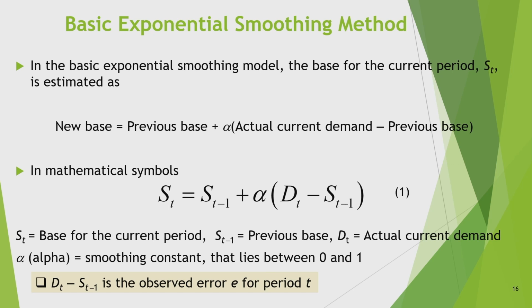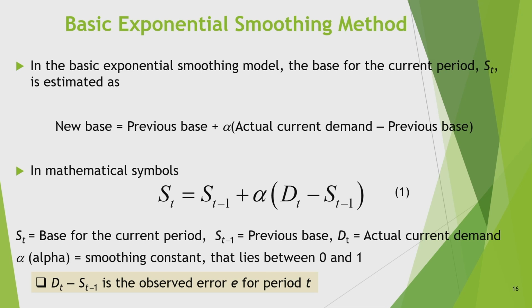So, you multiply by a factor alpha, which is between 0 and 1. If I put alpha equal to 0, then the new base will be the previous base only. We will not give any weightage to our actual observation. But if alpha is equal to 1, then the new base will be the actual demand only. Both are extreme cases, so we go somewhere in between.